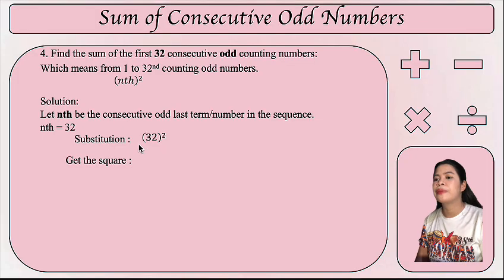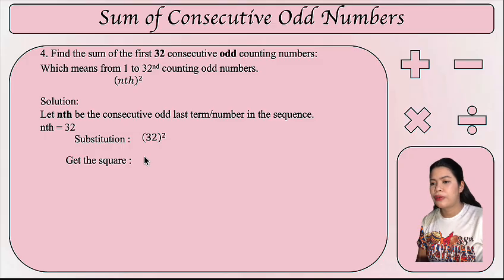So simply get the square of 32, which we can get by multiplying the number by itself. 32 multiplied by 32 is 1024. So the final answer would be 1024.